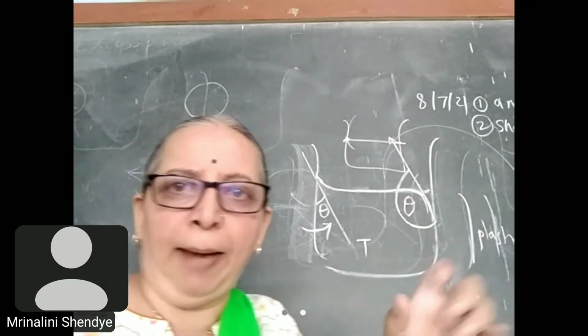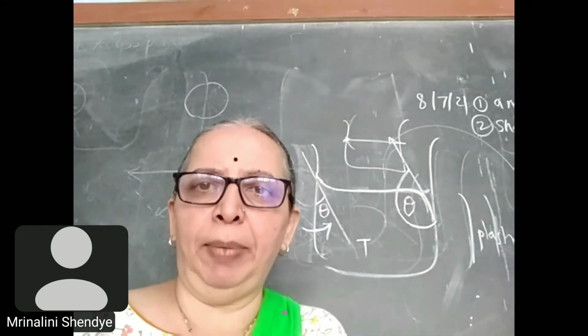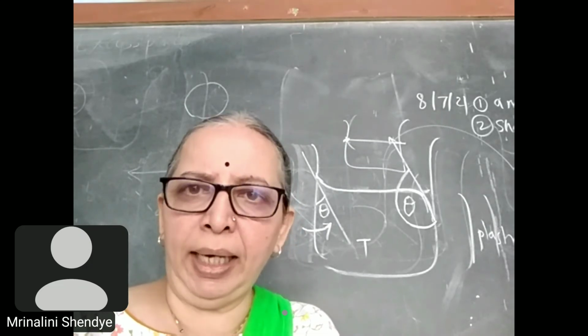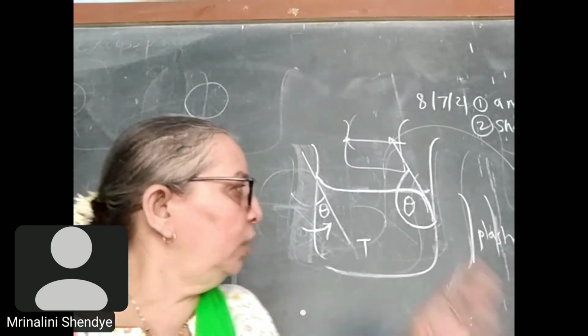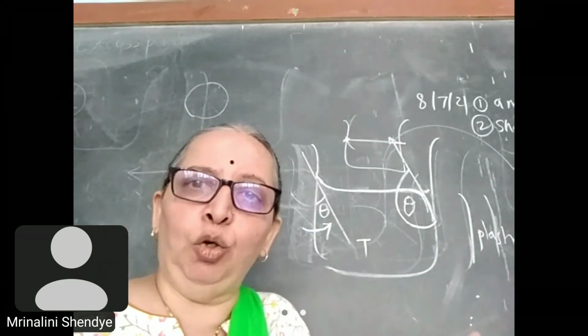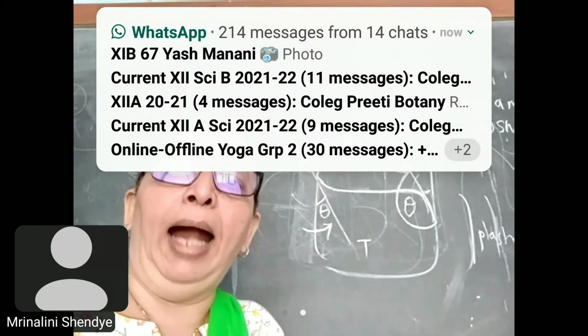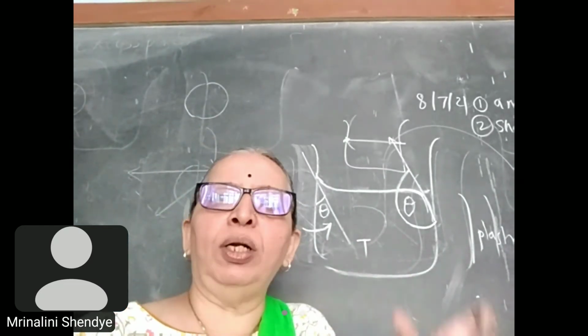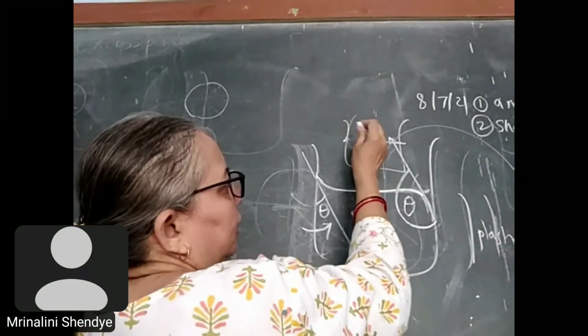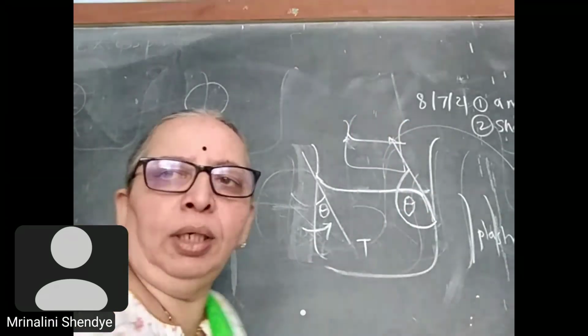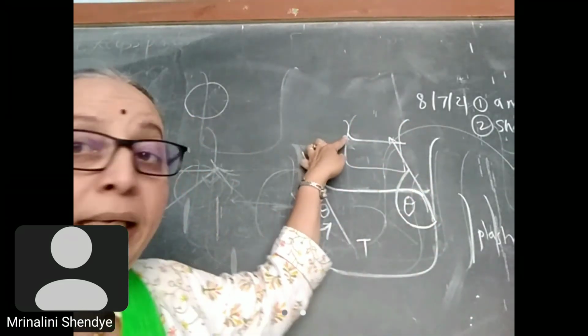We take tap water while experimenting, so there is contamination, impurity is added. So theta expected is 0, but then theta is greater than 0 but acute. And for the common water glass pair, instead of a straight horizontal surface, you will get a little concave surface.